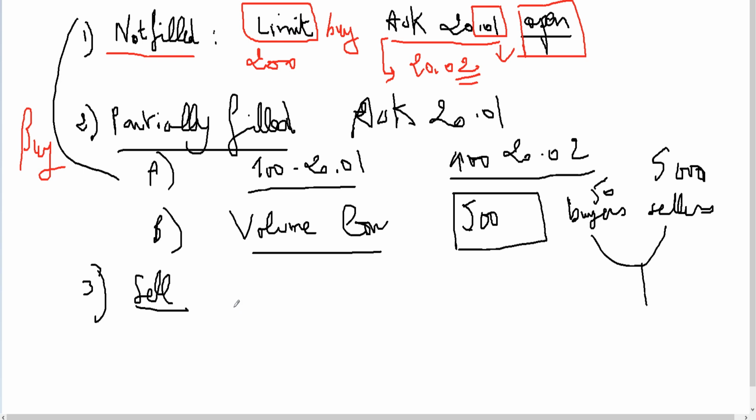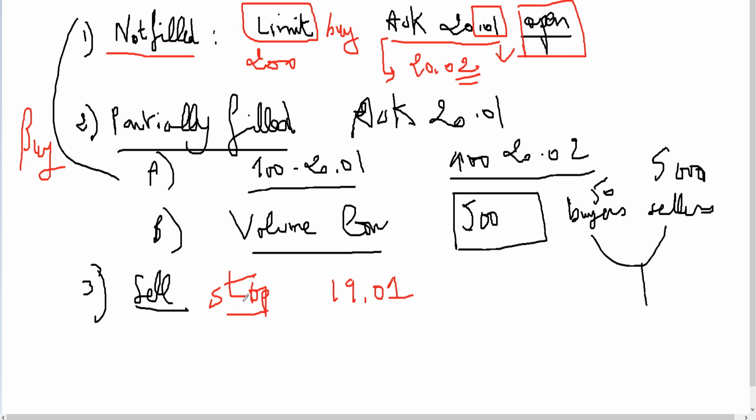Okay, so let's say you put, for example, a stop. Let's say it is a stop loss, and your stop is 1901.